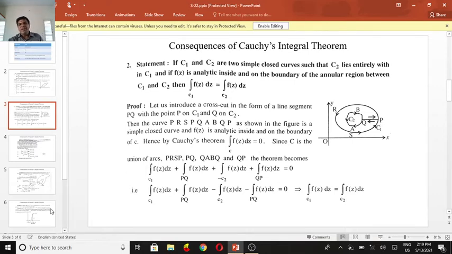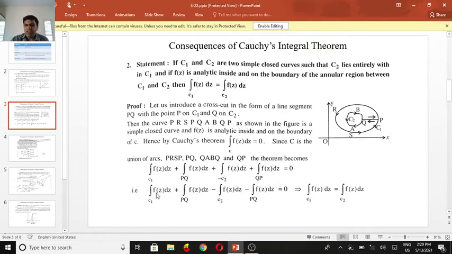That is, we denote the integral over C1 of f of z dz plus the integral over PQ of f of z dz plus the curve inside, I call this C2, but the direction is negative, so minus the integral over C2 of f of z dz plus the integral over QP of f of z dz equals 0.